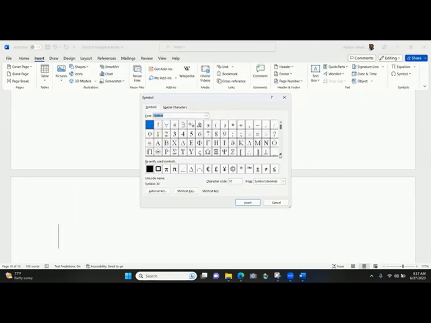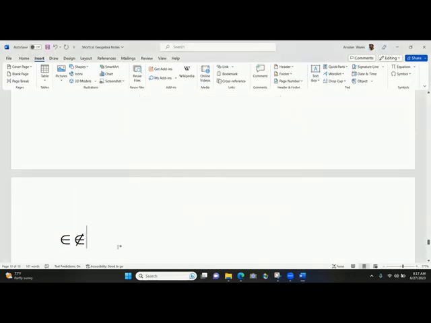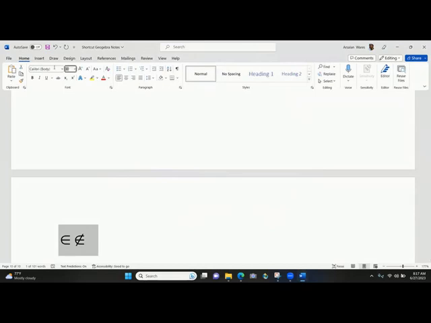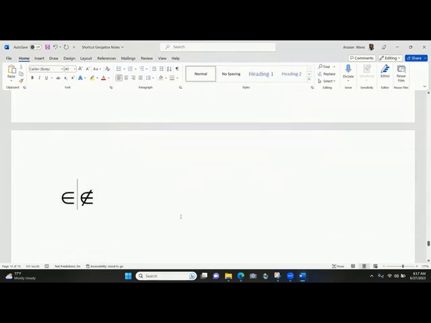I'm looking for the element symbol. All right, guys.